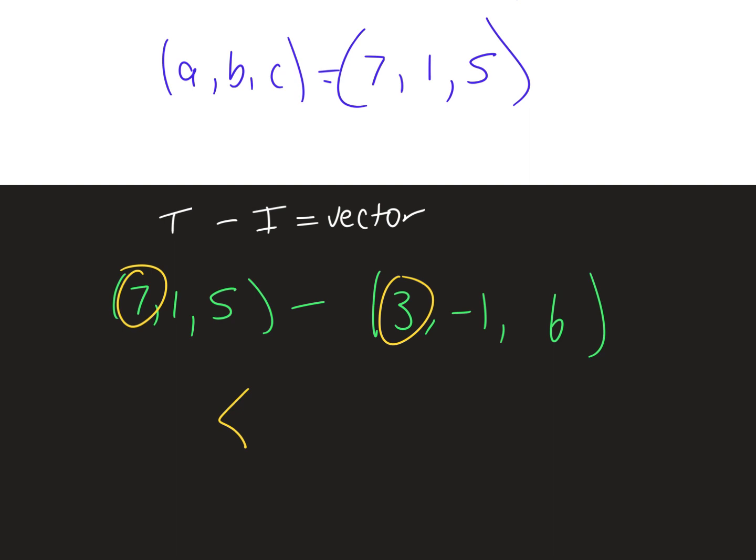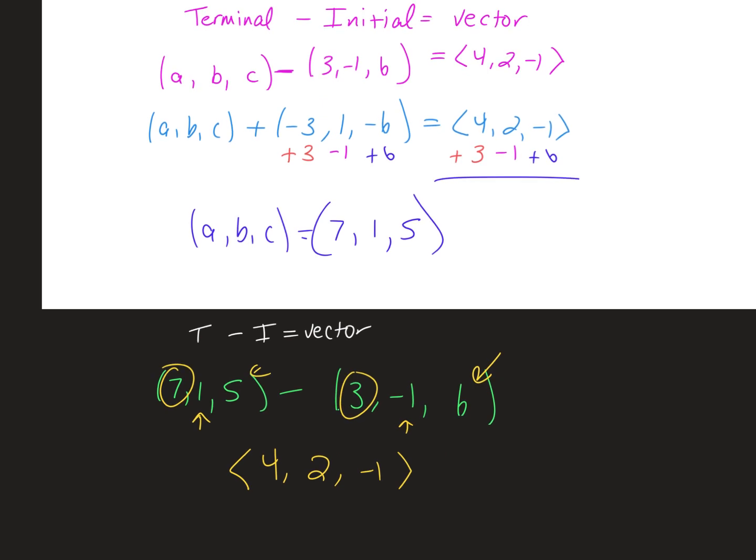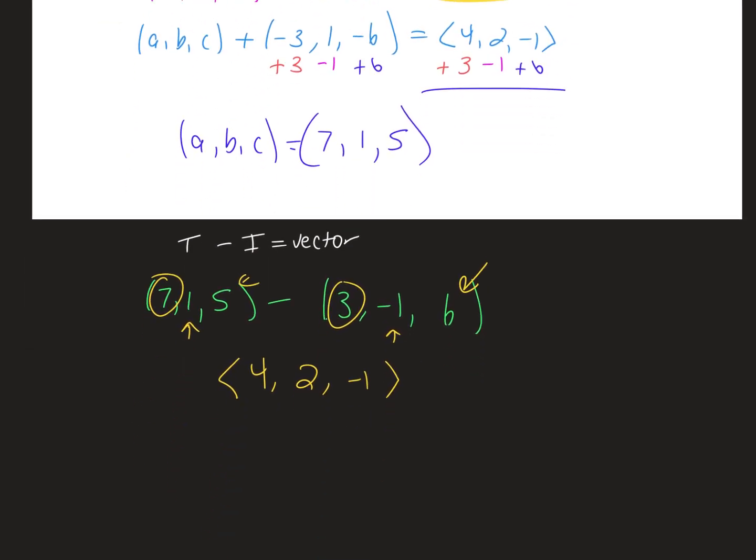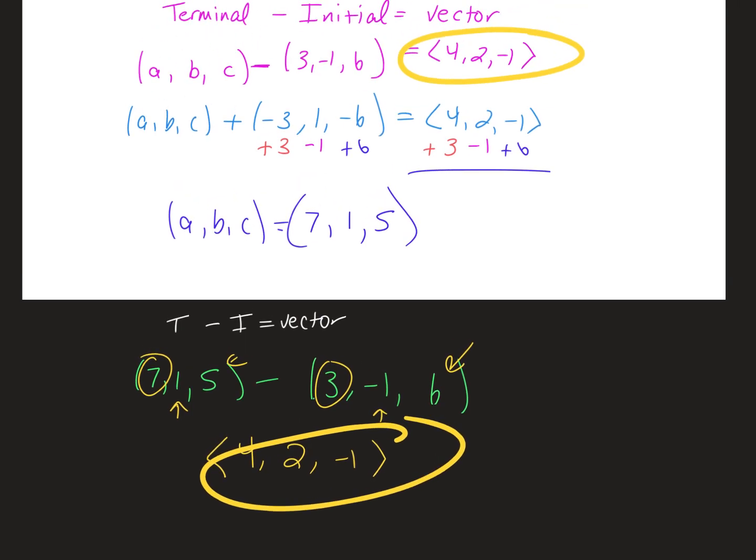What's 7 minus 3? 4, okay. What is 1 minus -1? 2. And then what is 5 minus 6? -1. Is that what they told me at the beginning that my vector was? So then yes, this is your terminal point.